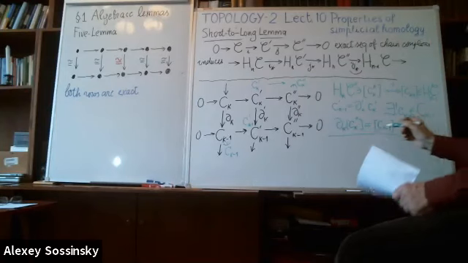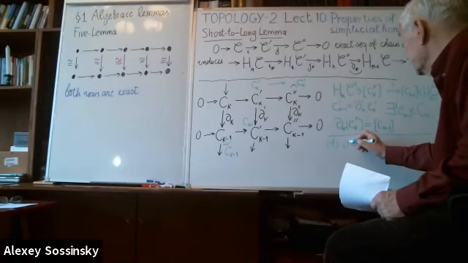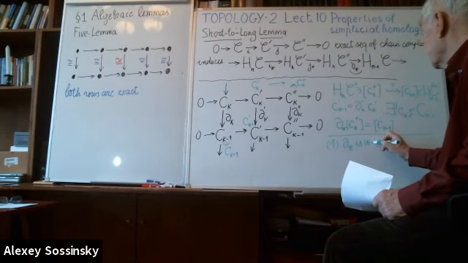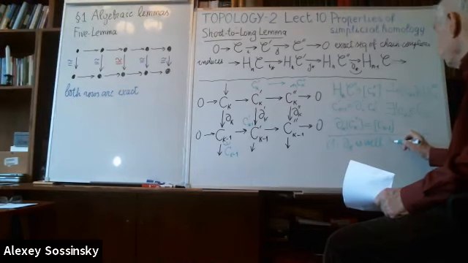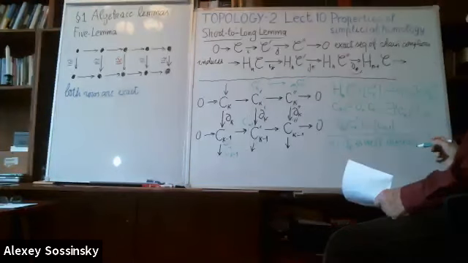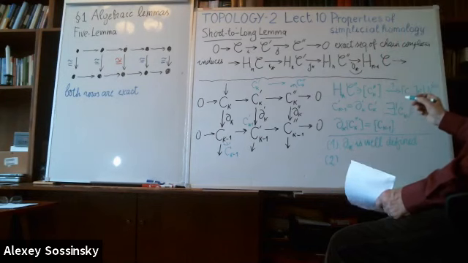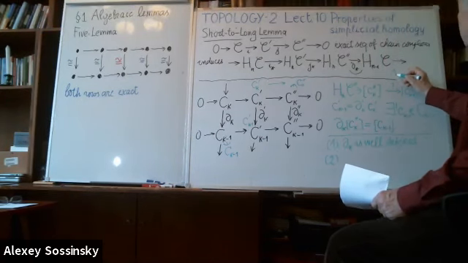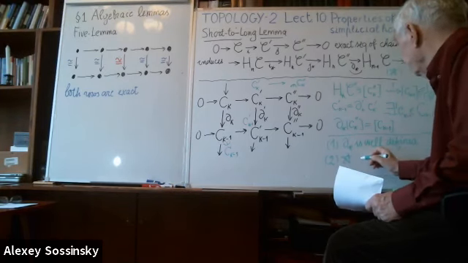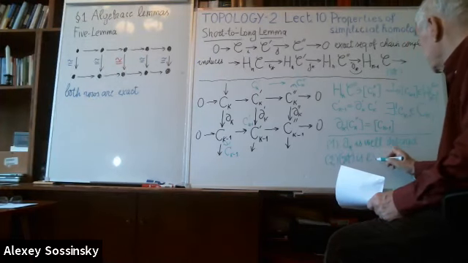What remains to do is to prove, first of all, that D star is well defined. Secondly, we must prove that the sequence, let's denote it by a star like that, the sequence is exact.